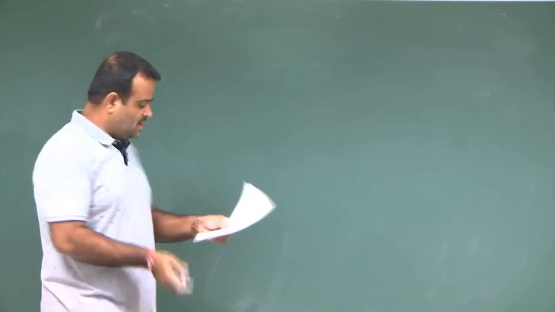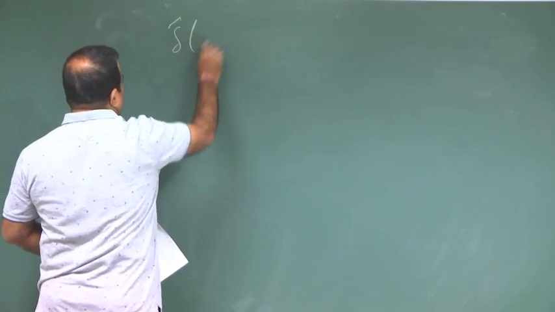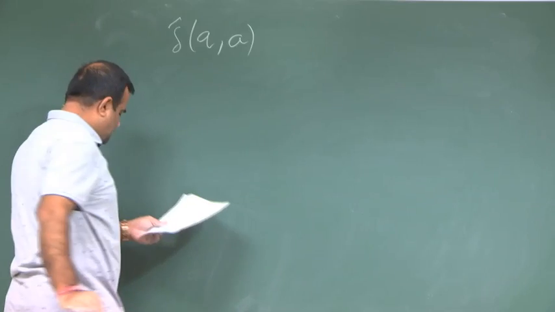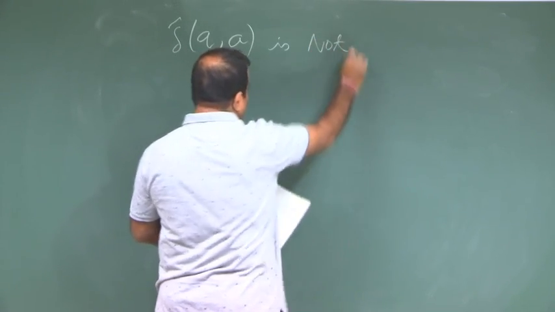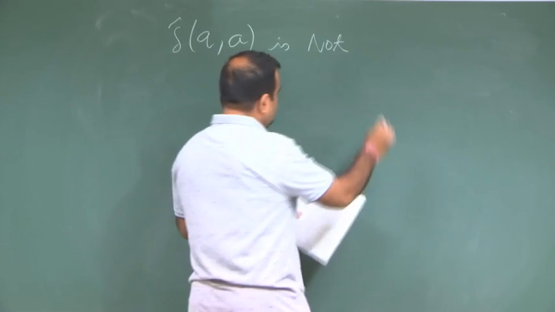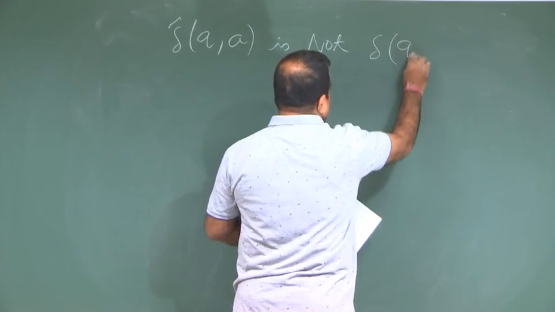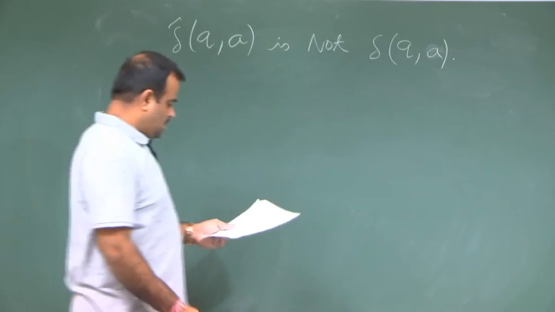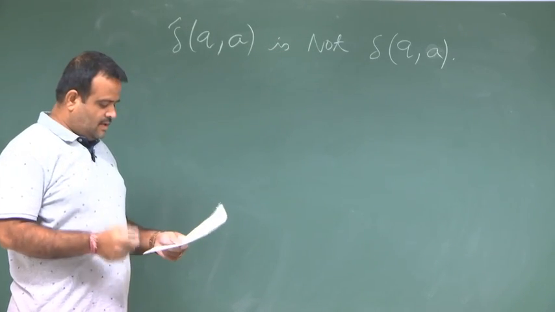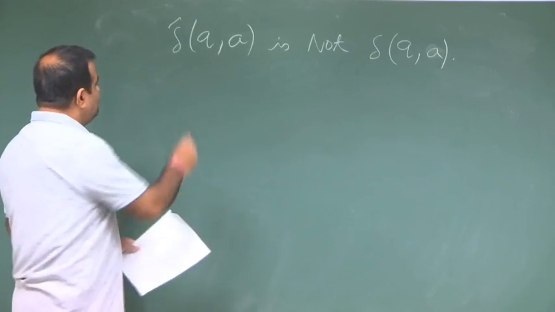Now, there is an observation: delta hat of Q comma A is not necessarily equal to delta of Q comma A, because this is an epsilon NFA.